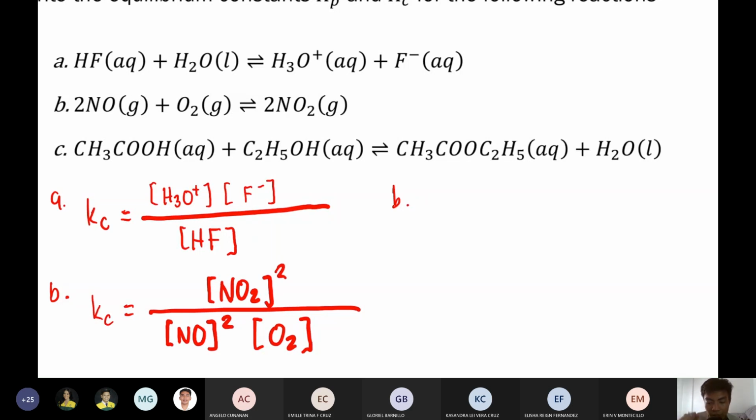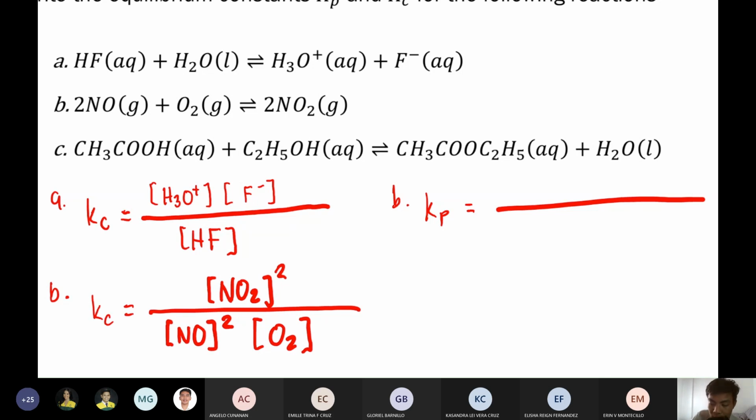Yun lang. Gawin naman natin yung Kp for letter B. Okay, so kapag Kp instead of using square brackets, we use letter P to indicate pressure.